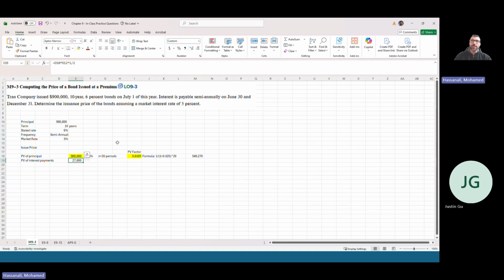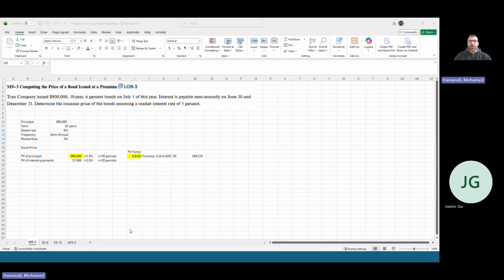So each interest payment is going to be $27,000. For calculating our present value factor, we use the same inputs, which is 2.5%, and n is 20 periods. So we need to try and get to the factor.